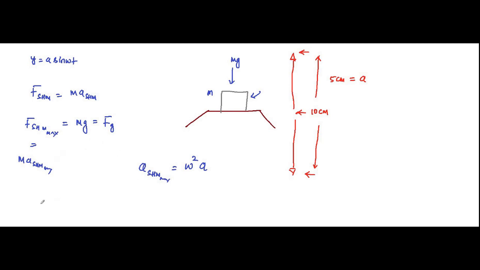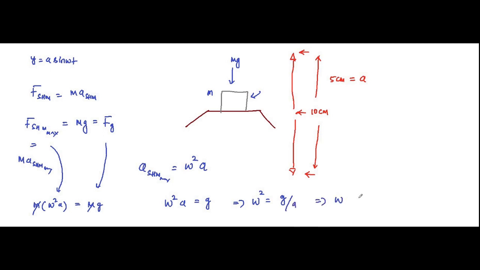So that implies m into omega square into a should be equal to m into g. Mass into acceleration due to gravity is the force of gravity, and this is equal to the force of simple harmonic motion. m will get cancelled, that implies omega square a is equal to g. That implies omega square is equal to g by a, that implies omega is equal to root over g by a.